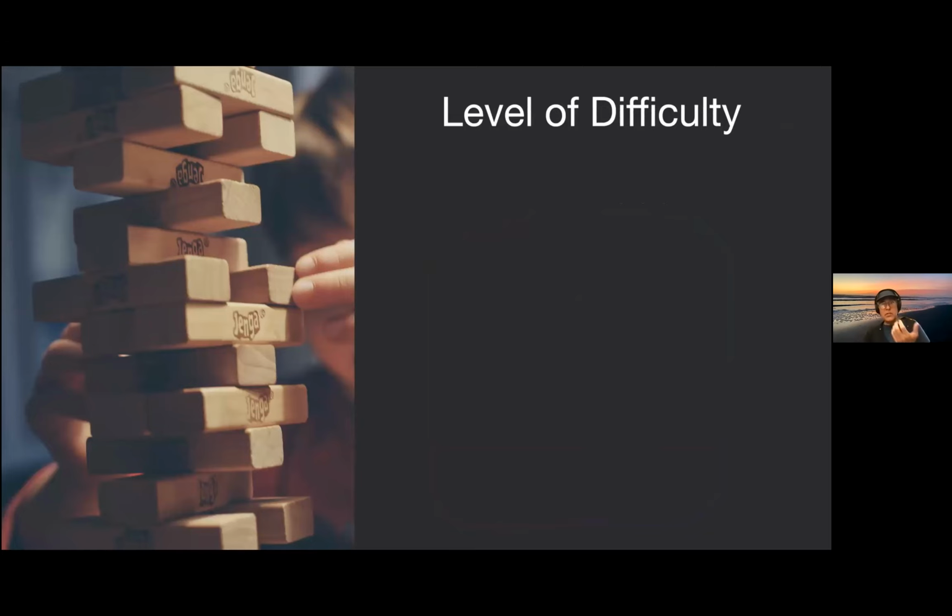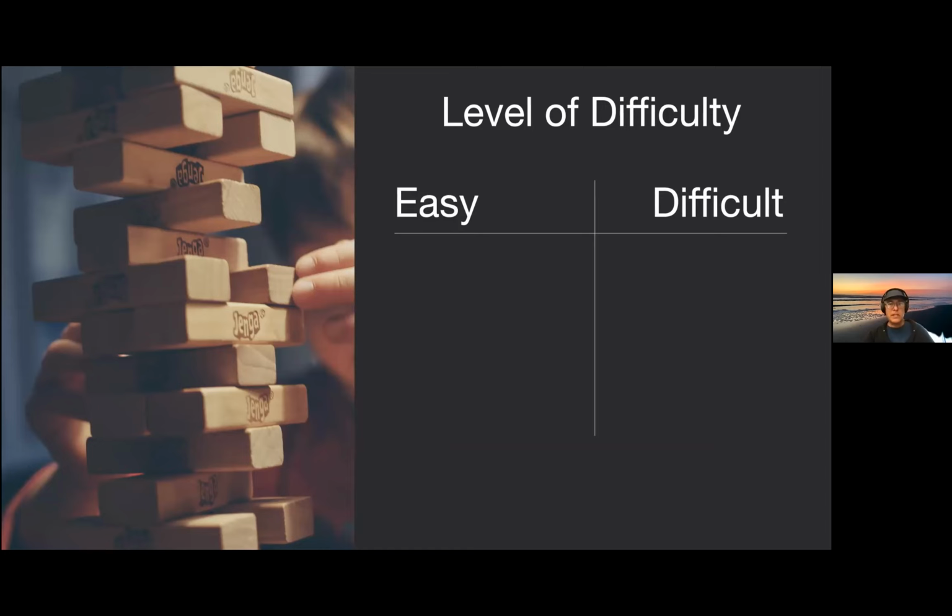So getting back to transactions, I break it down into two separate categories: the easy side and the difficult side. The easy side is basically the execution of the transaction itself, creating, editing, and deleting records, and how to build that is very easy.